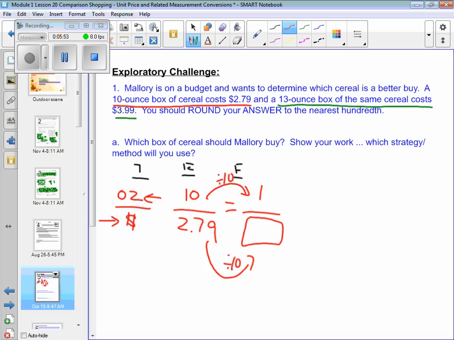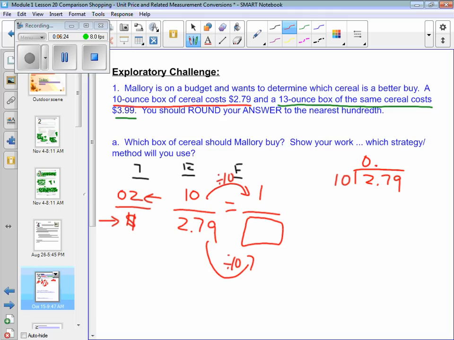So 10 has to go into 2.79. We got to do long division. Hopefully you remember your long division with decimals, but if not, we'll just recap it. 10 into 2, how many times? 0. You need to put that 0 there. That automatically signifies to us that we're talking about a cost per ounce of less than $1. We're dealing in cents per ounce.